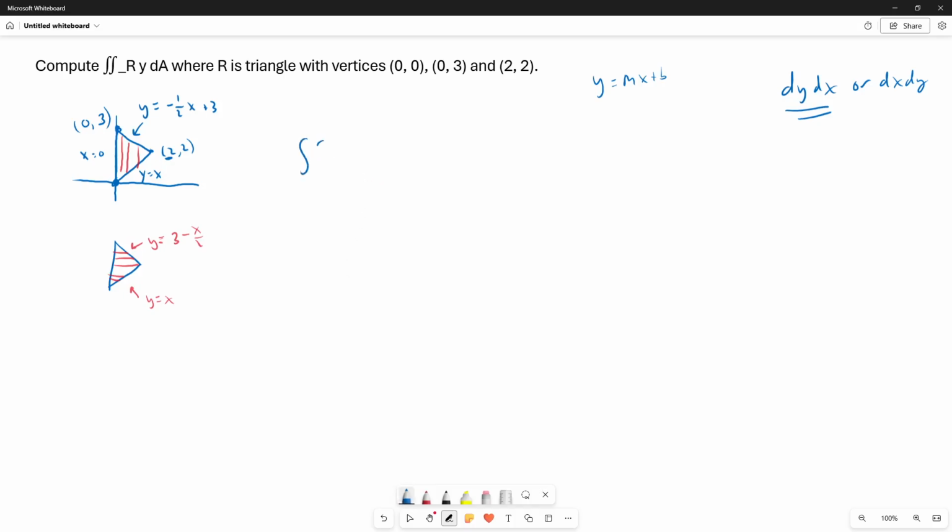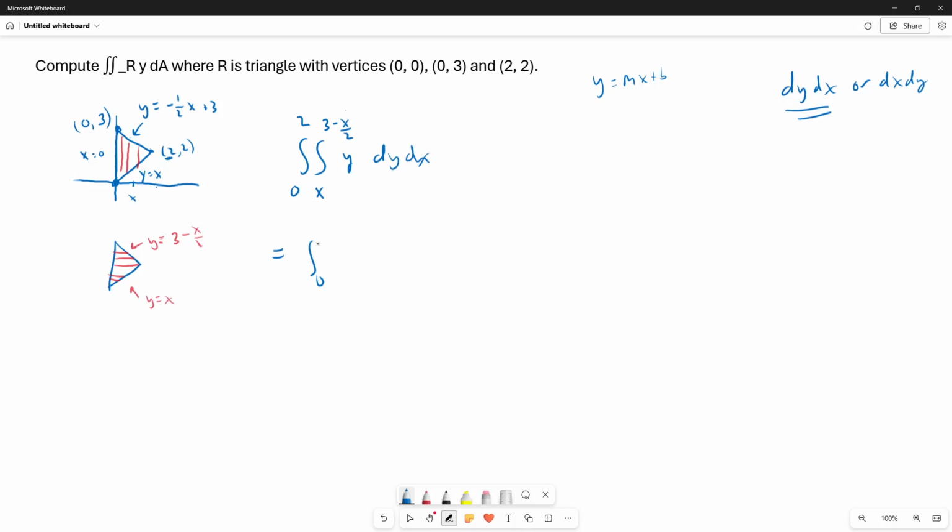So we'll write the double integral of y, we'll write dA as dy dx. The x coordinates will go from 0 to 2, and the y coordinates will go, for any x between 0 and 2, from the bottom line to the top line, which is from x to 3 minus x over 2.